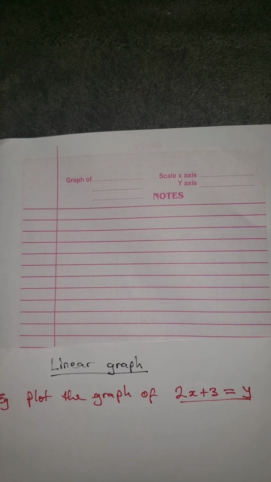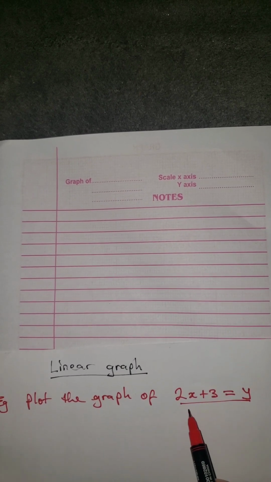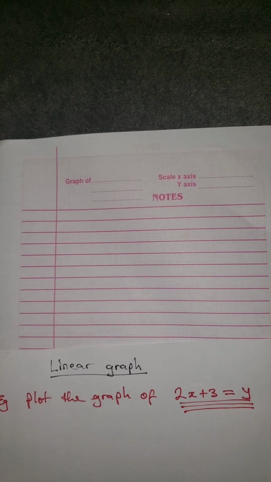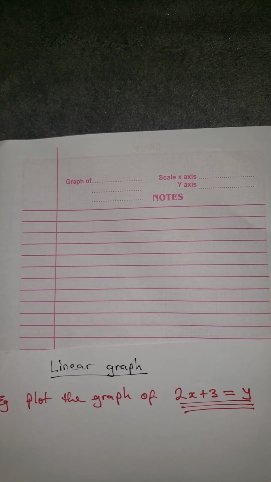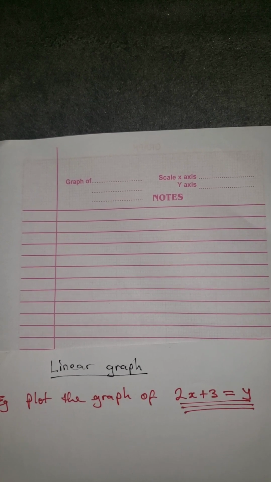The question now is, what are we going to do and how are we going to plot a linear graph of this nature, this linear graph of two variables? There are two ways of plotting a straight line graph. But before we continue with that, what are the materials that are needed to plot your straight line graph?